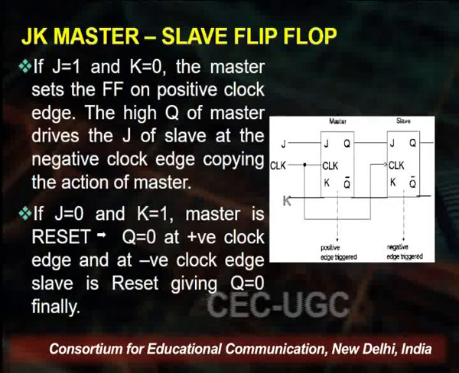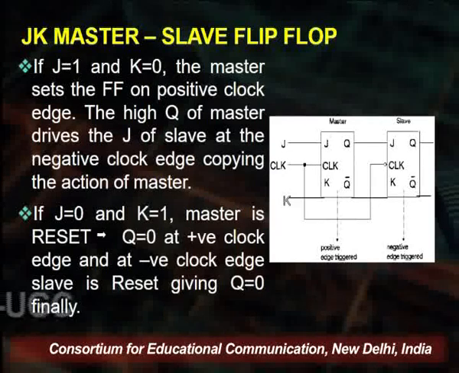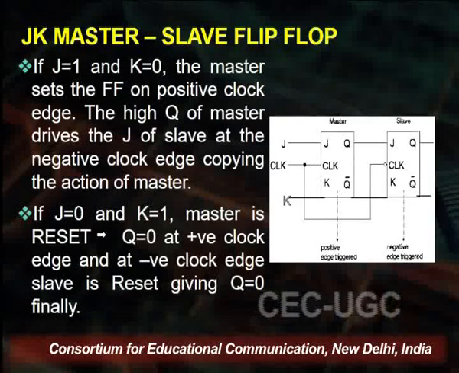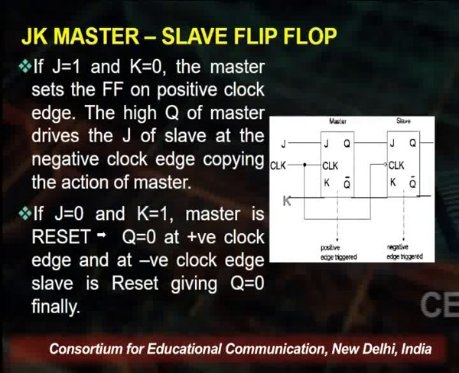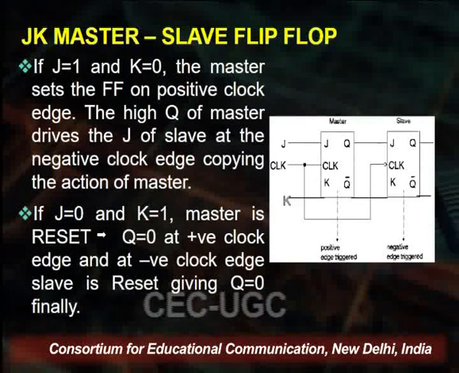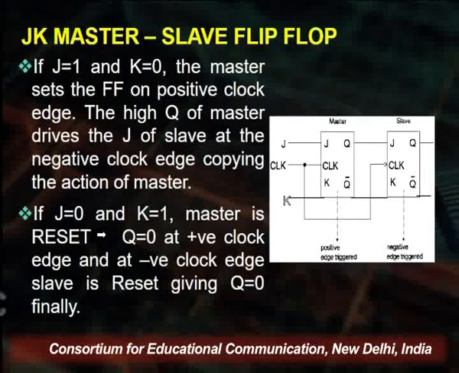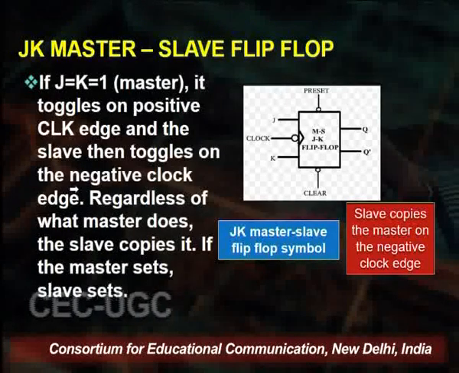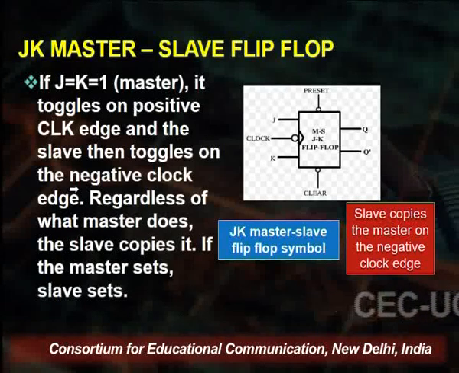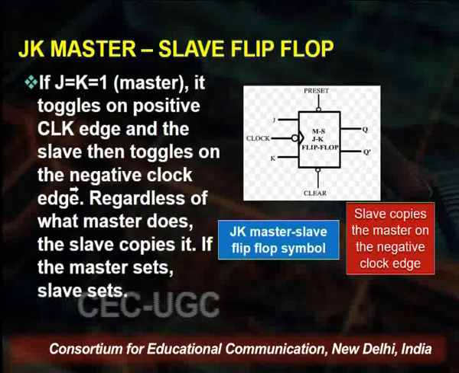Hence, by sequentially clocking the master and the slave and introducing a propagation delay between the two, one is able to overcome the problem of toggling when J and K both inputs are equal to 1. The JK master slave is shown in the diagram like this, where we write JK M/S.